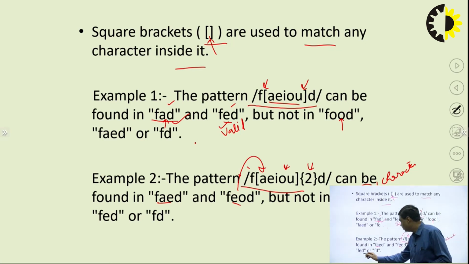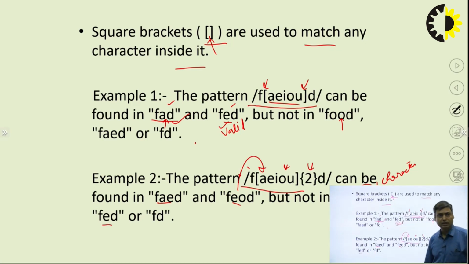Similarly, in case of E, only 1 character is there. FD, no character is there. So you can see here we have given the curly bracket. Within this curly bracket, we must have at least 2 characters from the set given in the brackets. So we need to take care of this one.